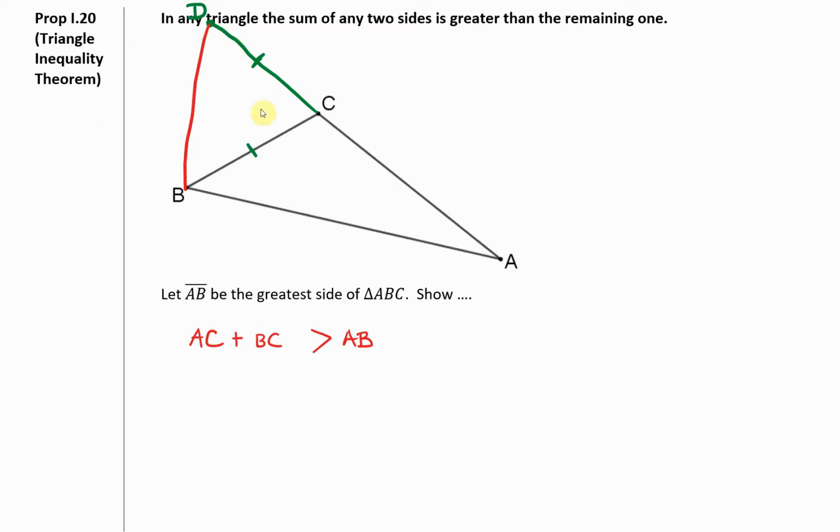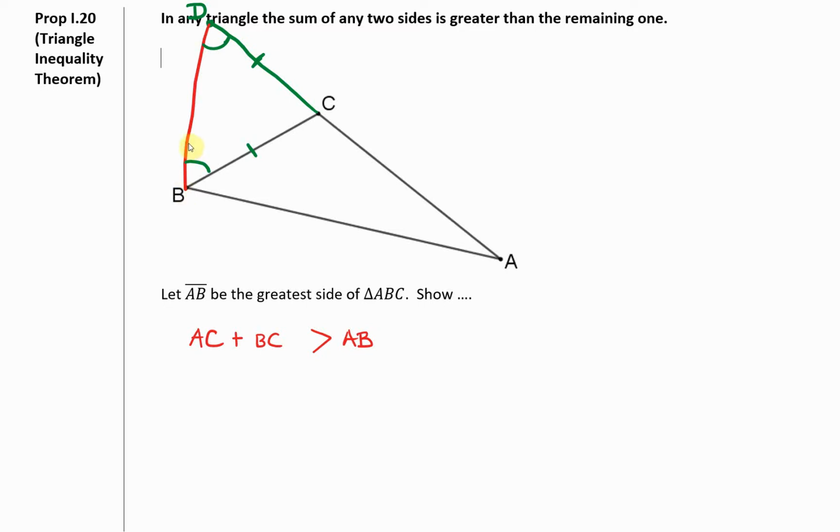So you have an isosceles triangle here, BDC. So that means this angle here and this angle here, the two angles in green, have to be congruent to each other. Okay? Next, let's see, different color. Let's go with purple this time.